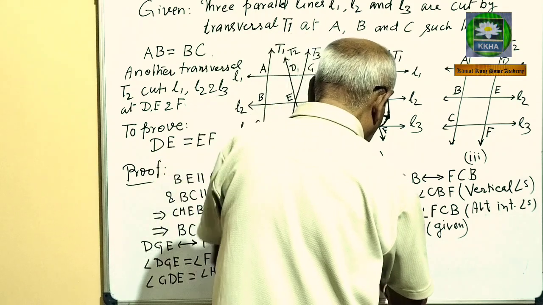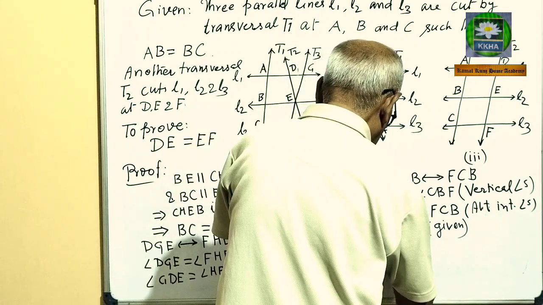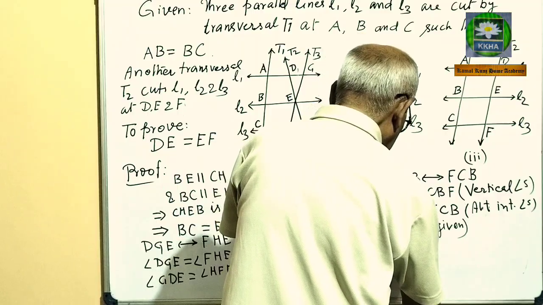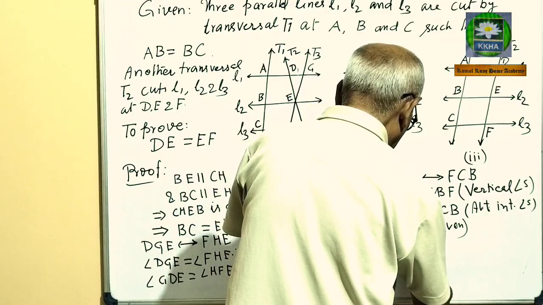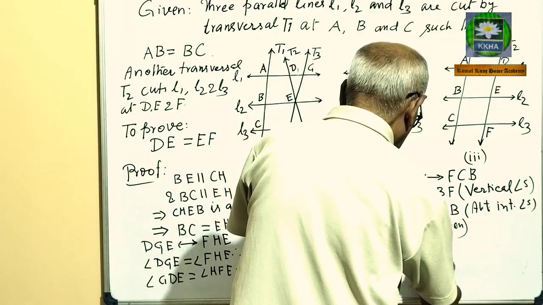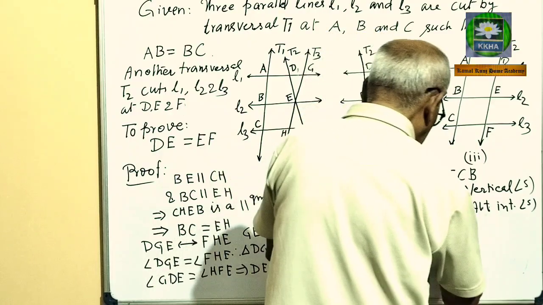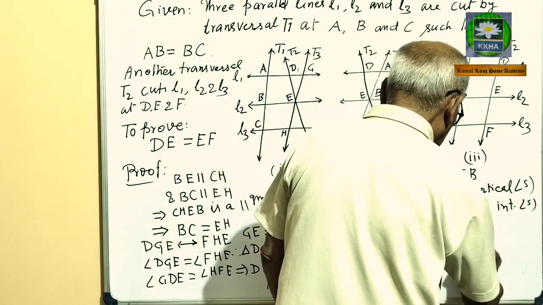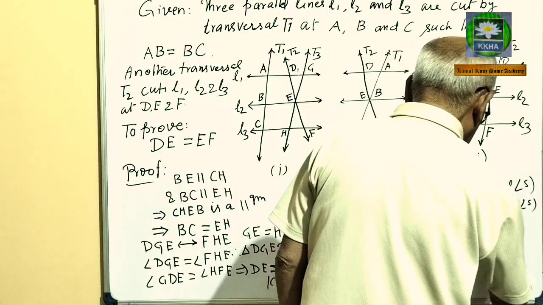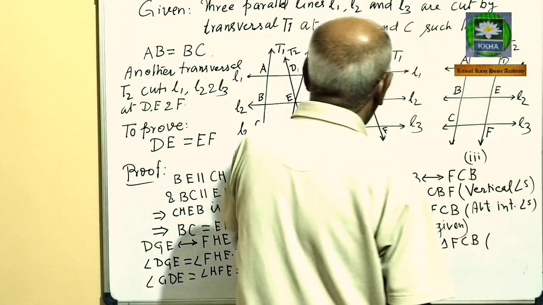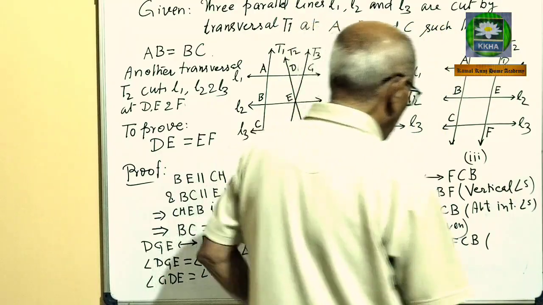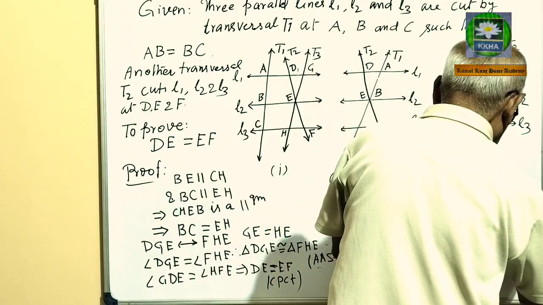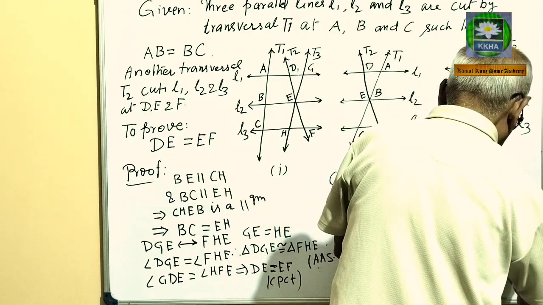Therefore, triangle DAB is congruent to triangle FCB by the angle side angle theorem.